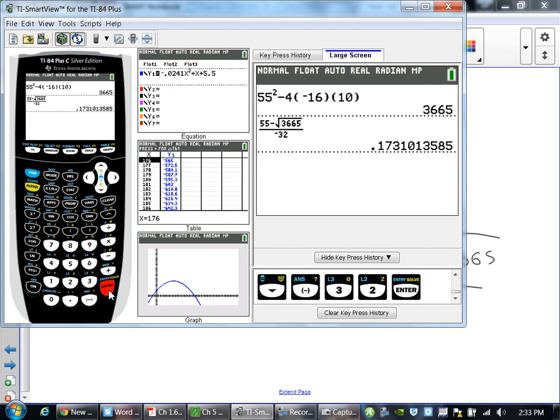Like I said, there are many different methods to solve these quadratic word problems. It's a matter of what you are most comfortable using. If you wanted to graph that function, it's fine. It just takes a little more time to find your window and look for your zeros.